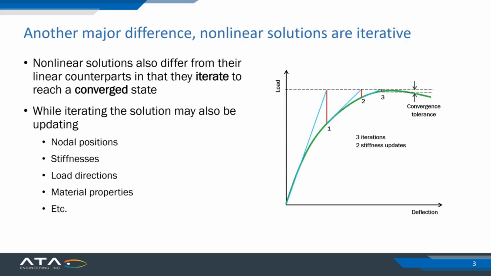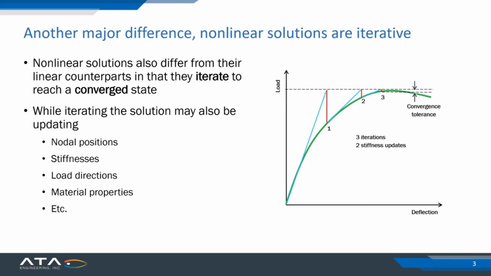Another major difference between linear and nonlinear solutions is that a nonlinear solution is iterative in nature, and it's going to converge to a state as it's iterating. So the plot on the right there shows just a notional path that your solver would follow perfectly if it was a real world behavior of a simulation, and you're trying to converge up to a certain load state at the top there.